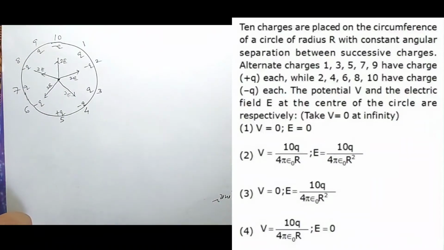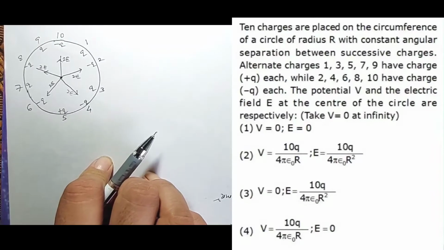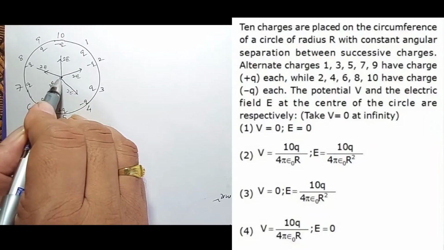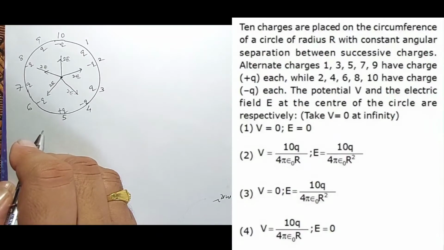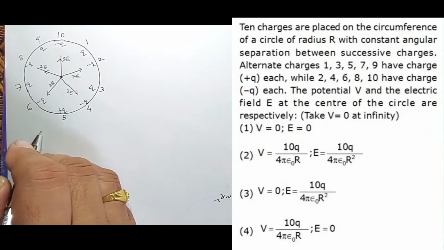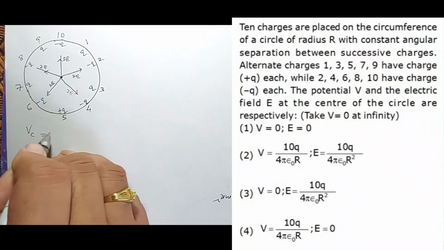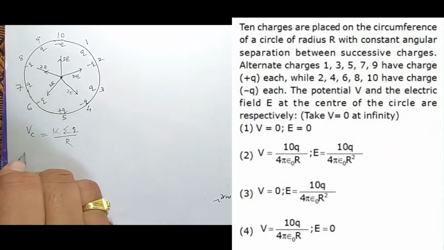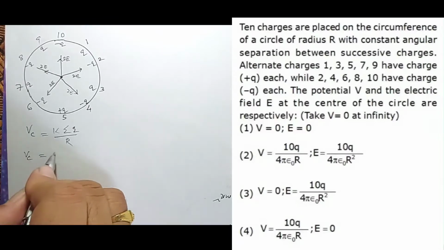Now we want to find the potential V and electric field E at the center of the circle. First, the potential V at the center of the circle: Vc is equal to k sigma q by r, so Vc is equal to 0.